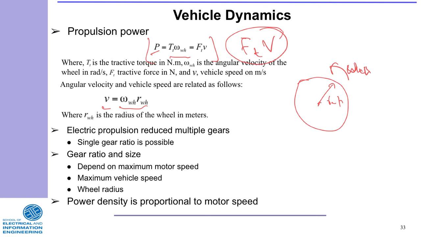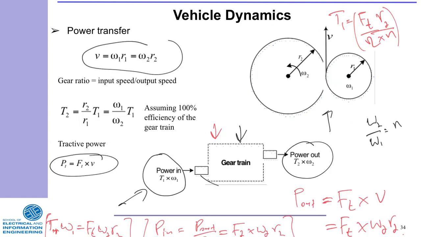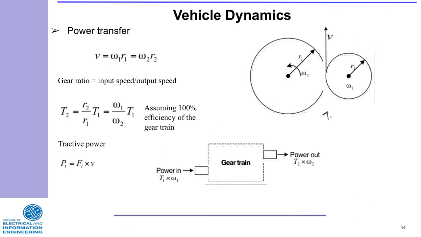But this is still at the wheel. The tractive force times the radius gives you the torque, the tractive torque at the wheel. Now how do we move from the wheel to the engine or the electric machine?